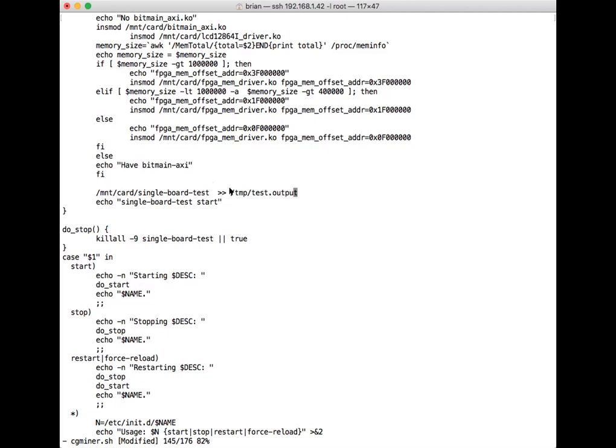It doesn't clobber the file each time it runs. It appends this output to a file in /tmp/test.output. Okay? So we're creating this file with the outputs of our test instead of it running to the serial device that you have hooked up. That's what does that, okay?